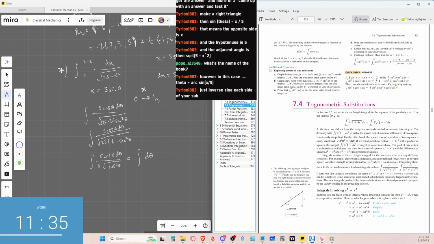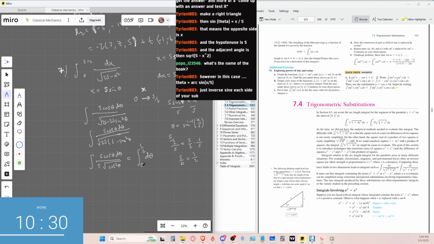Let's see. Sine of theta is equal to x over, which means that the opposite side, so that means this parameter gives us 5/10, a half.